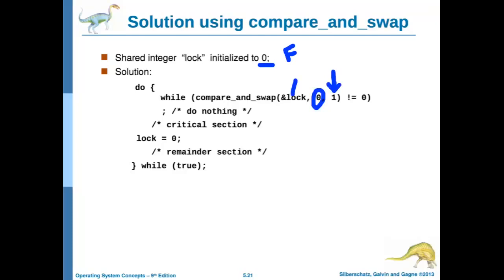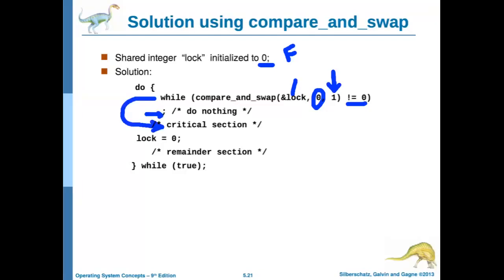So if I expected 0, and if it is not equal to 0, that means somebody else is using it, right? If somebody else is using it, do nothing. You have to just wait. And if the original value was as expected, like 0, then definitely you will get access to the critical section.